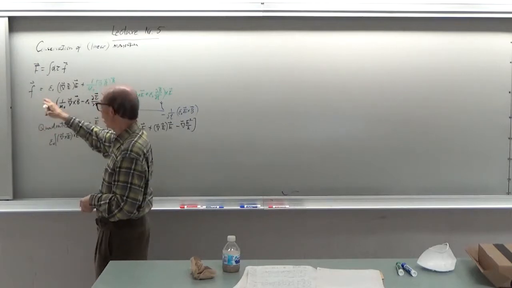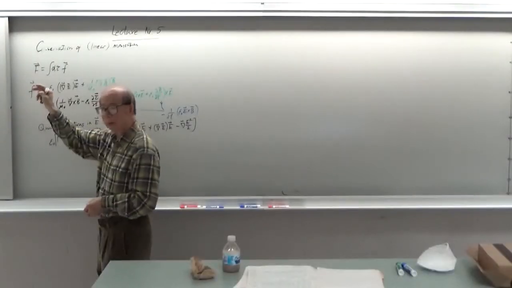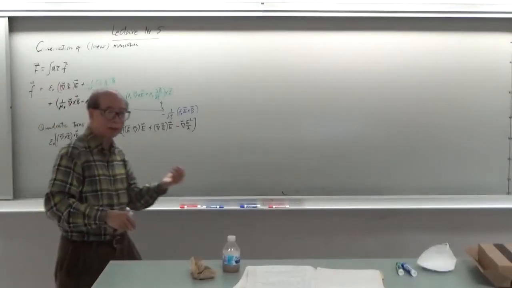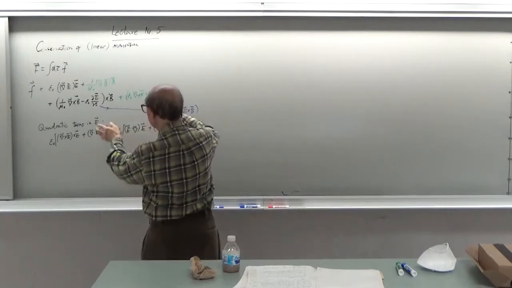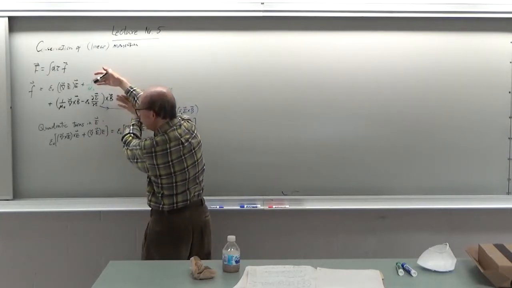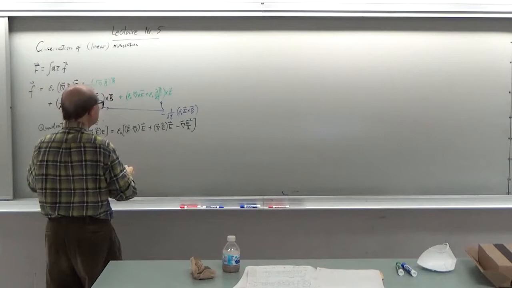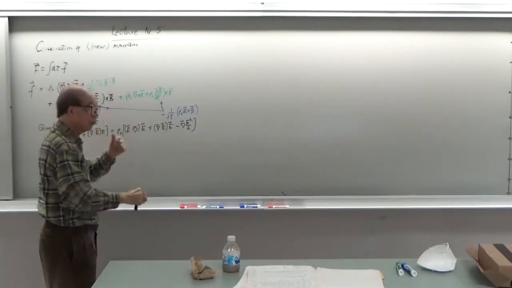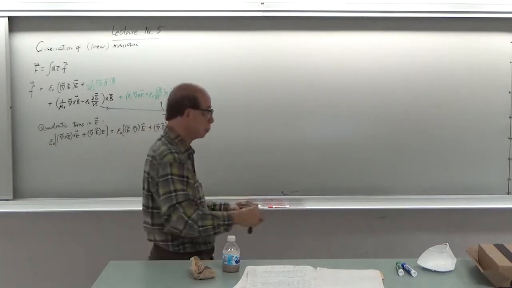I think in my notes I used the notation of script F. Anyway, if you have not put in the magnetic analog terms, only these two terms appear. But for calculational purposes, we put in these two terms coming from the magnetic terms.